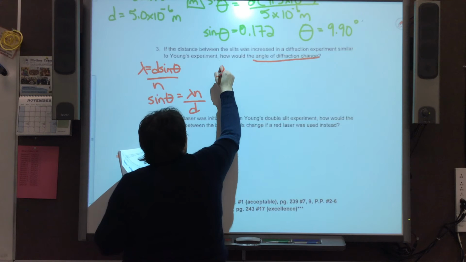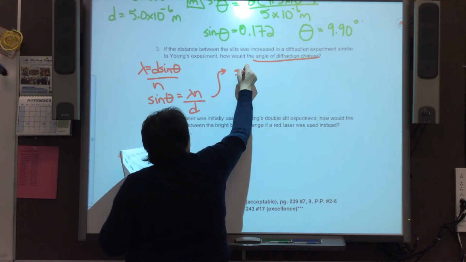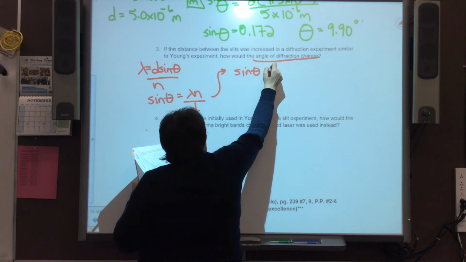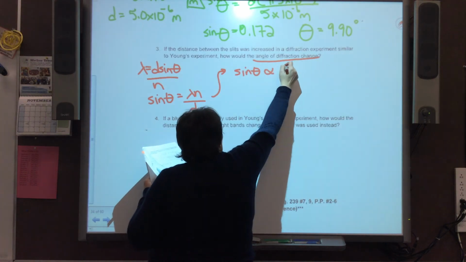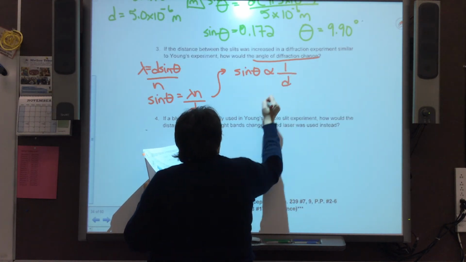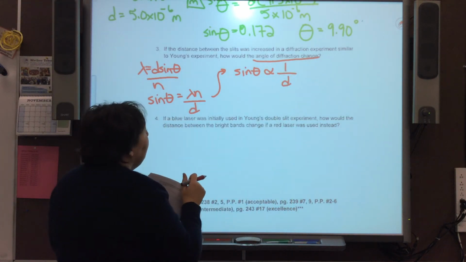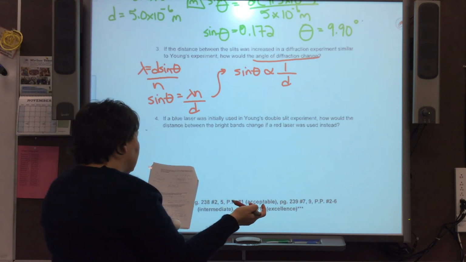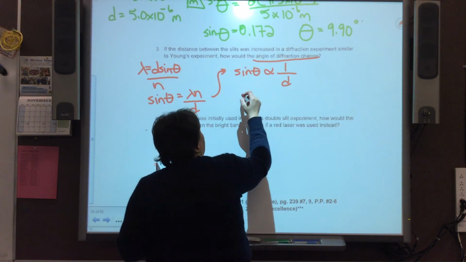Which means that sine theta is proportional to 1 over distance. So if we increase the distance, what happens to sine?